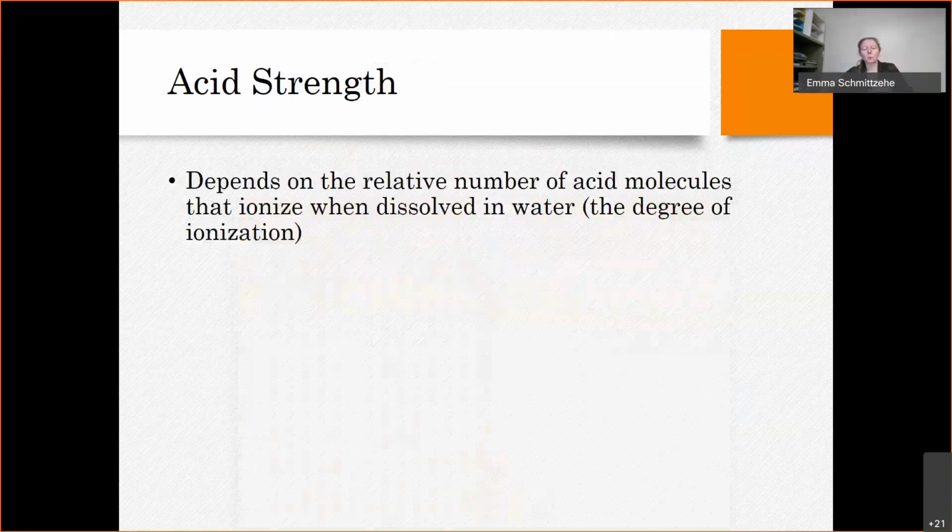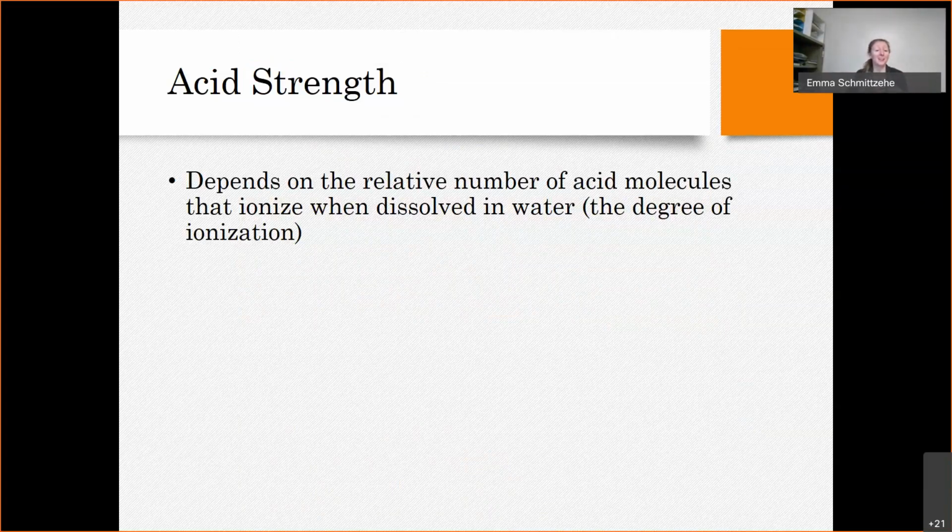Now, let's talk about how we would quantify the strength of acids, or even the strength of bases, we could say, but we're going to focus on the strength of acids, okay? And really how we quantify the strength or determine whether or not something is a strong acid or weak acid is how much it dissociates, right?